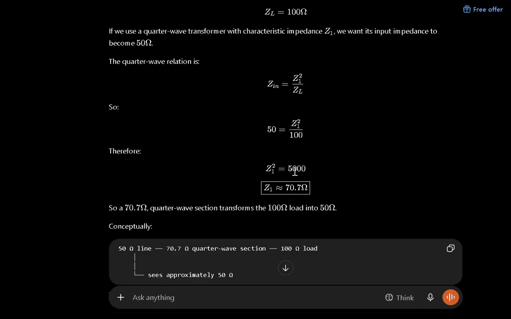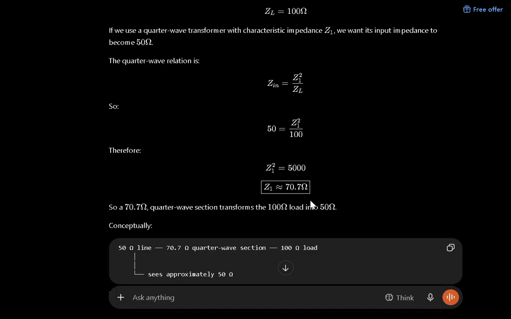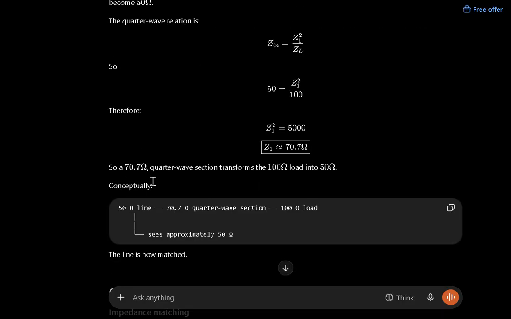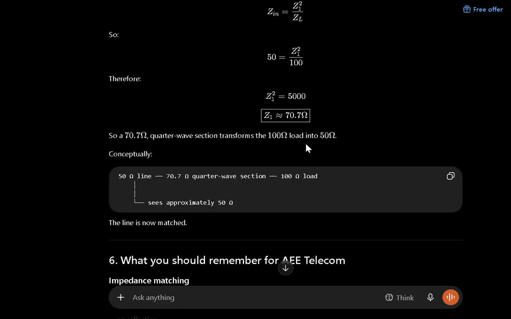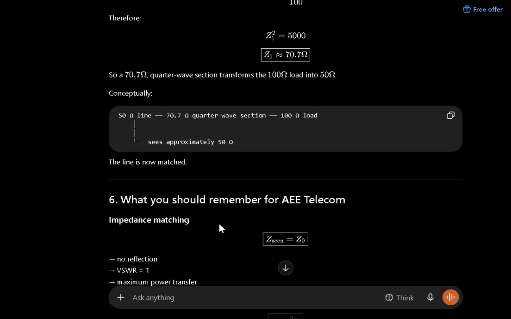Then Z1 squared equals 5000, and Z1 equals 70.7. So a 70.7 ohm quarter wave section transforms the 100 ohm load into 50 ohms. Conceptually, a 50 ohm line, a 70.7 ohm quarter wave section, and a 100 ohm load: the line sees approximately 50 ohms. The line is now matched.